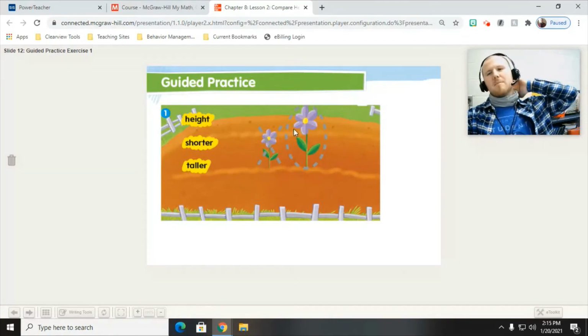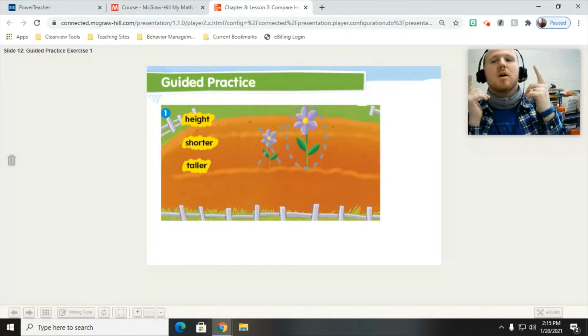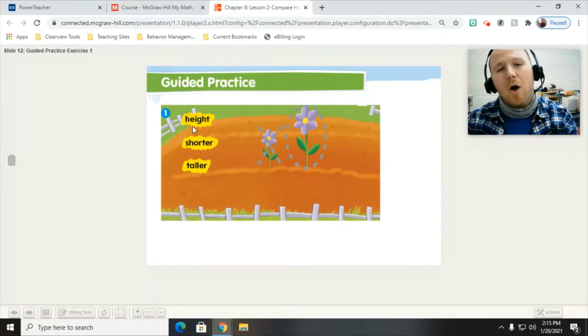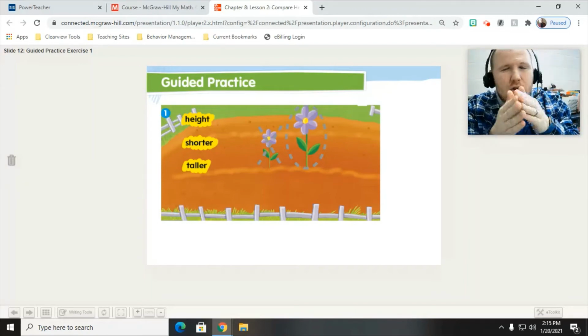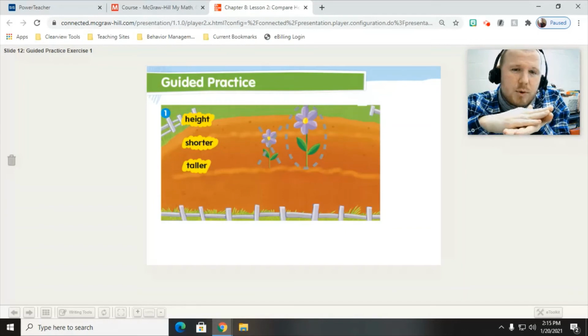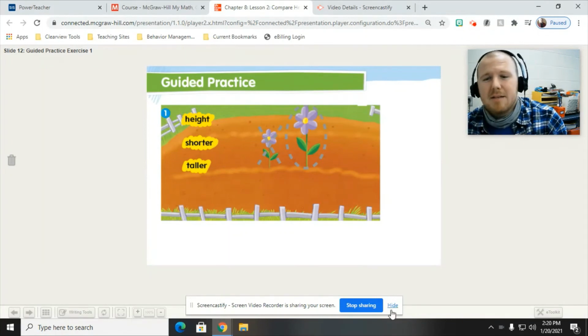Okay, so remember the last one where they were talking about length. Longer, shorter. Those were our vocabulary words. And now our vocabulary words are height, how tall something is, and shorter, which we kind of know about, but this time it's shorter this way. So now let's look at this picture. They have two flowers there, right? So it's kind of the same as the other lesson.